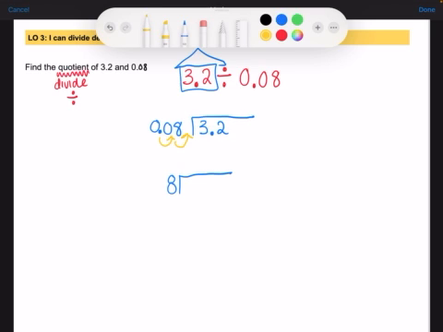But I have to keep it even here, so I'm going to have to move the decimal 2 times inside the house as well. I move it once to the end of that 2, and the second time, you're going to have to fill in a 0 there. And the decimal would land at the end of the number. So inside our house, our dividend would be 320.